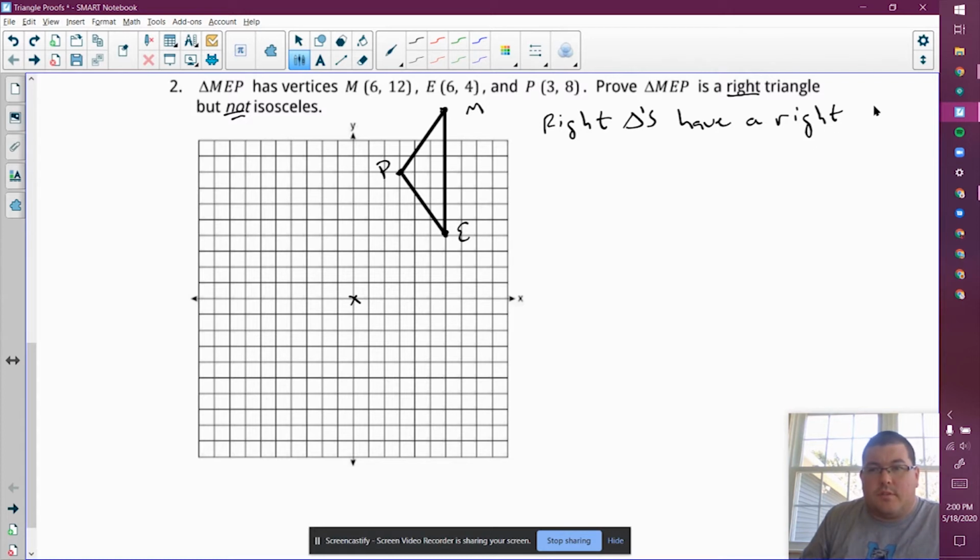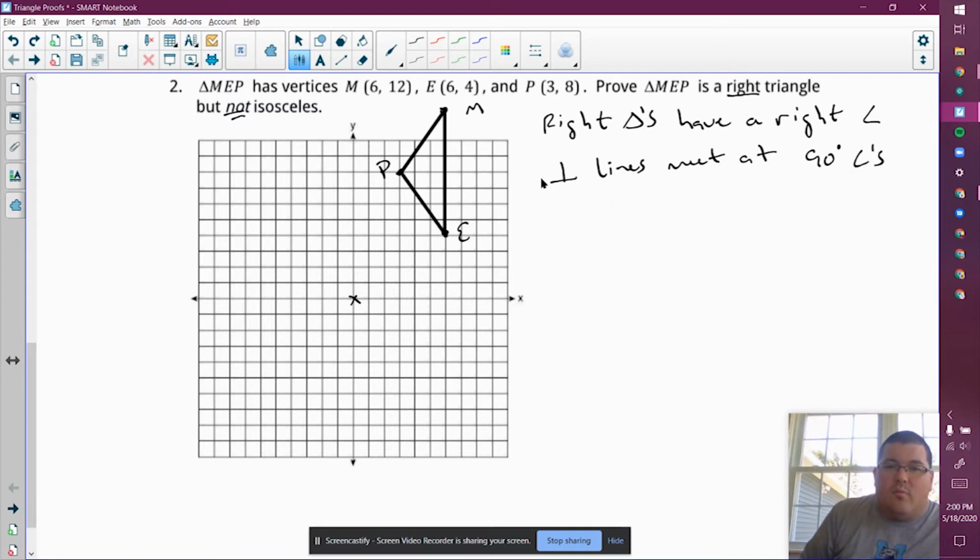All right triangles have a right angle. So how could we prove right angles? What do we know about lines, the way that they meet, and right angles? Think back to semester 1. Perpendicular lines meet at 90-degree angles, remember?